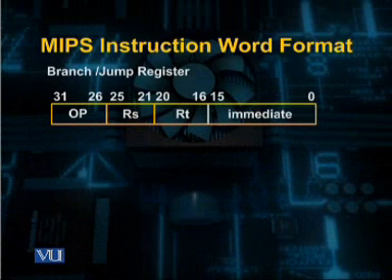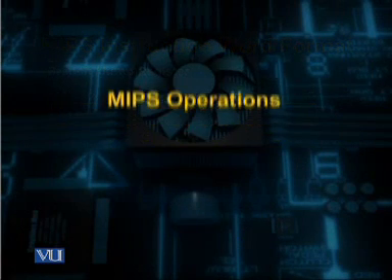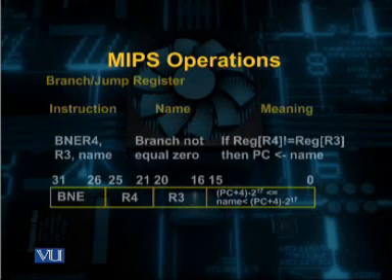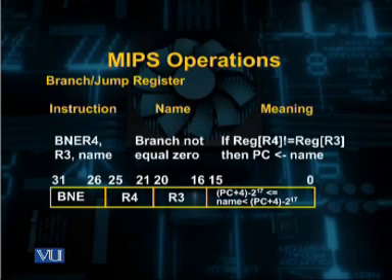For example, in the case of the instruction BEQZ, which means branch if equal to 0: if equal to 0, then it has to branch, and in case it is not equal to 0, then it does not branch. So the condition tests the register for 0 or non-zero. Similarly, BNE is branch if not equal.